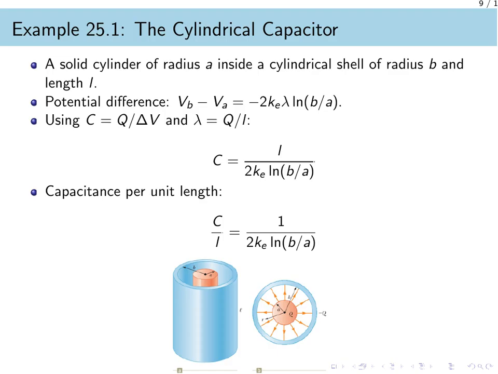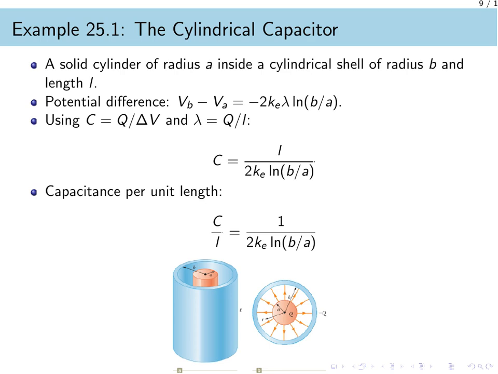Now let us look at a more complex geometry: the cylindrical capacitor. This consists of a solid inner cylinder of radius A and a coaxial outer cylindrical shell of radius B, both with a length L. To find the capacitance, we first determine the potential difference between the cylinders using the electric field of a line of charge.